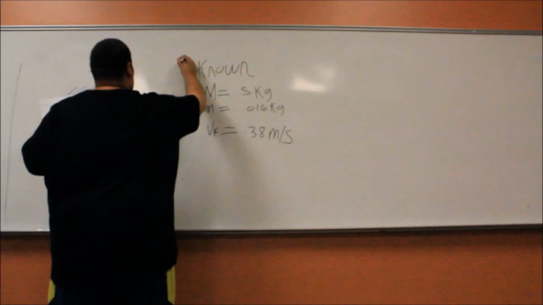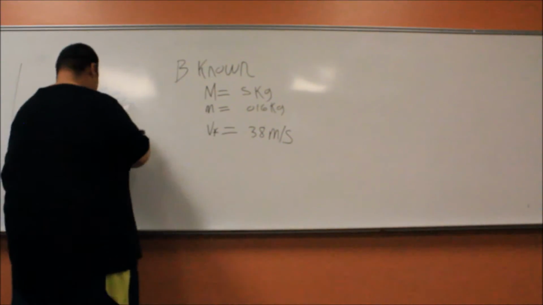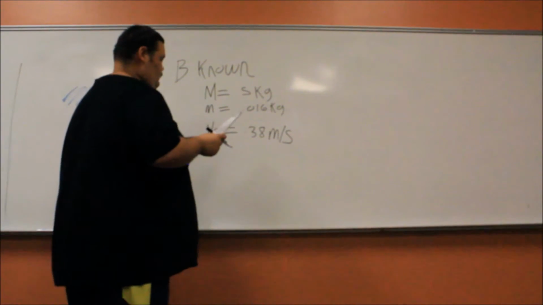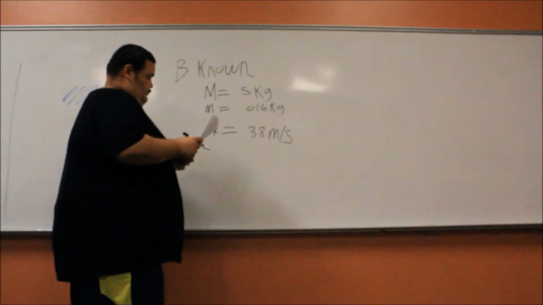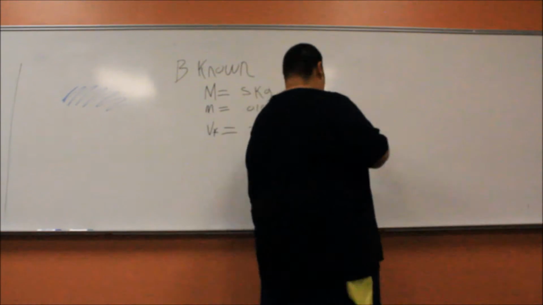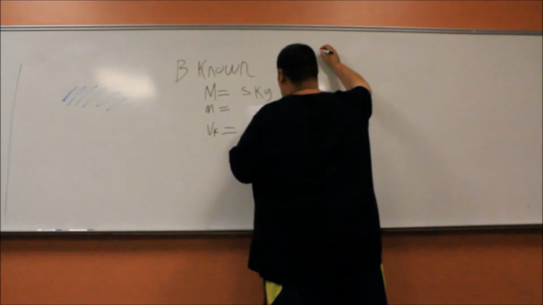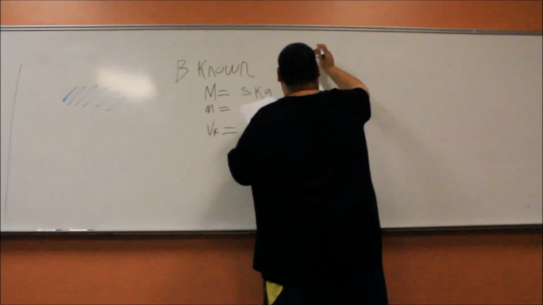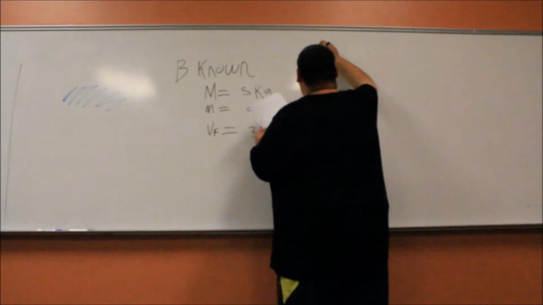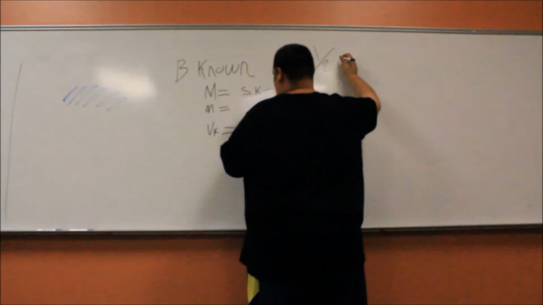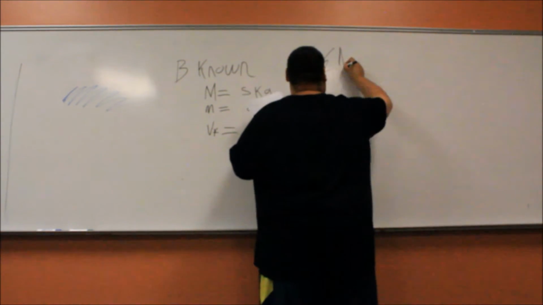Known: mass of the block is 5 kilograms. Mass of the bullet is 0.16 kilograms. Velocity of the bullet is 120. Final velocity is 0.38 meters per second. Find heat.